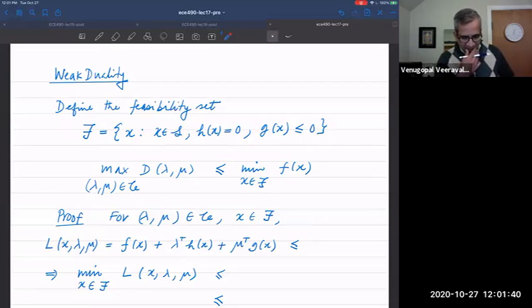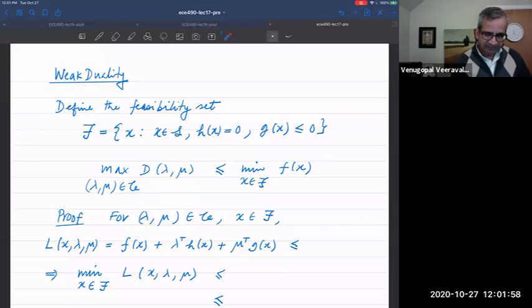So what the weak duality result says is that if I look at the maximum of the dual function over the multiplier space, it's less than or equal to the minimum of the function under the constraints. So these two optimization problems are related in the sense that the maximum of this function is always going to be less than or equal to the minimum of this function. Okay, so let's prove this, and then I'll talk about what this might mean.